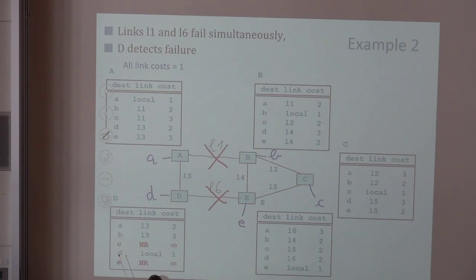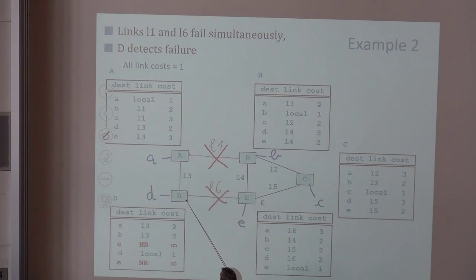Now assume we break 2 links at the same time here. For example, we do some road construction and we cut all the cables on some parts of the network. What will happen?